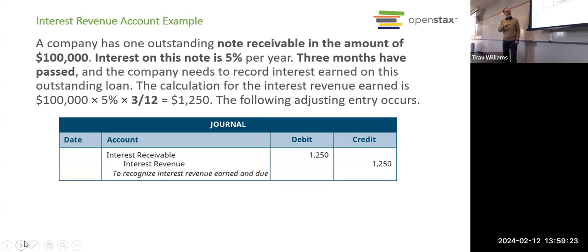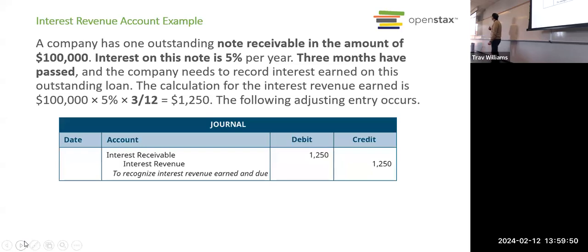We can already count that as revenue. We have already earned that interest. Interest receivable is an asset, just like notes receivable and account receivable. Interest revenue is another form of revenue. So it's also an equity account, and it would increase on the credit side.